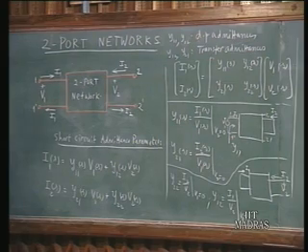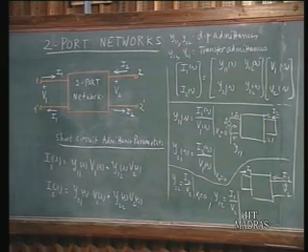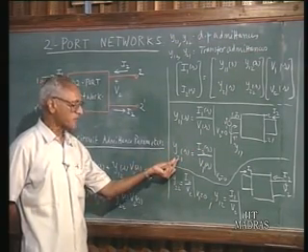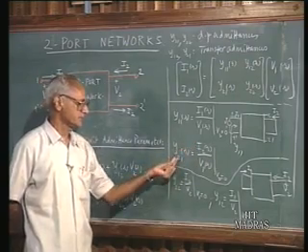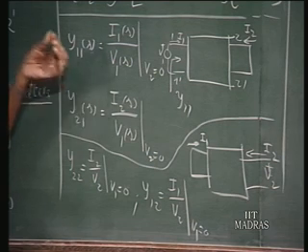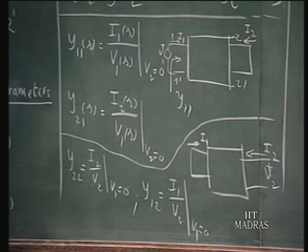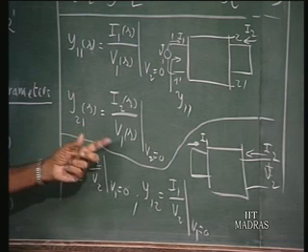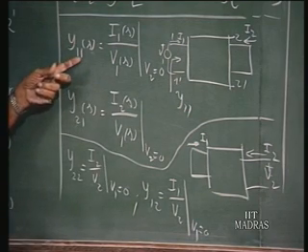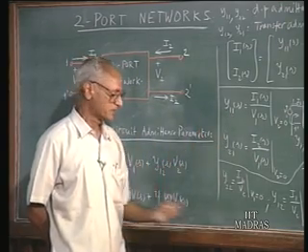One thing you should notice is that there is a particular order of the subscripts which is important. When you are calculating y21, it is I2 by V1. The first subscript refers to the response location. All our network functions are the Laplace transform of the response to the Laplace transform of the excitation. The first subscript refers to the response location, the second subscript to the excitation location, y21. In a driving point function, both the response and excitation are at the same location, therefore you have the same subscript, y11. Similarly, y22.